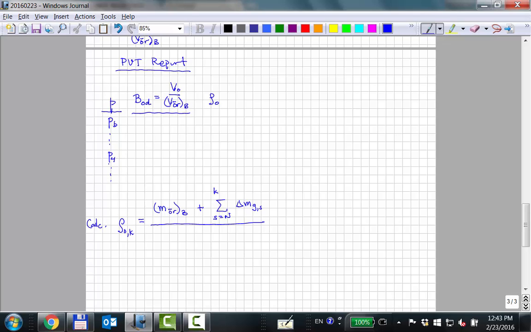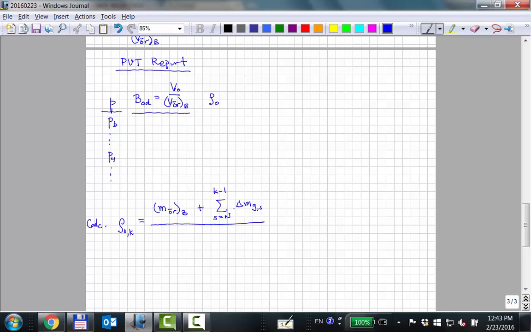At stage 4, the gas that was removed at stage 4, we want to know what's the gas still in solution at stage 4. So I think this is going to be K minus 1, is that right? Somebody give me a nod, yes or no? Help me out here. Okay, we'll say it's right until you figure it's wrong.